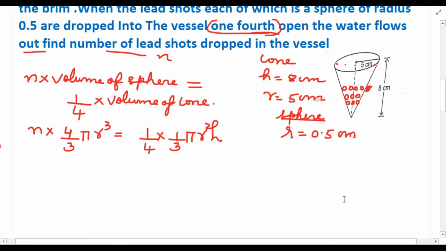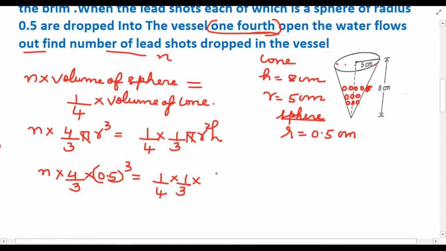When you substitute the values, you have N into 4/3 into pi, and pi I can cancel, so no need to write, into 0.5 the whole cube, equal to 1/4 into 1/3 into r square, which is 5 square, into height, which is 8.